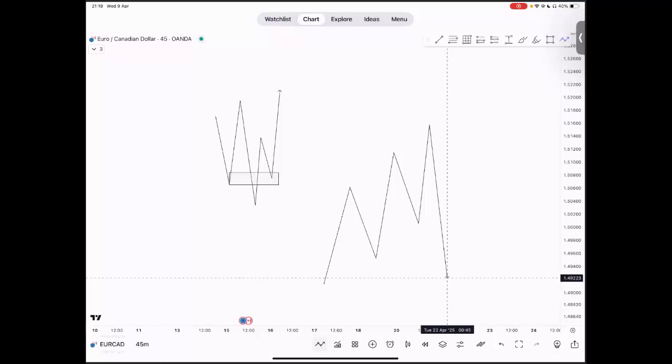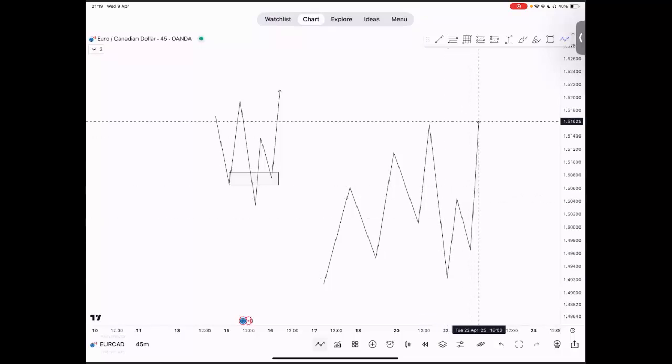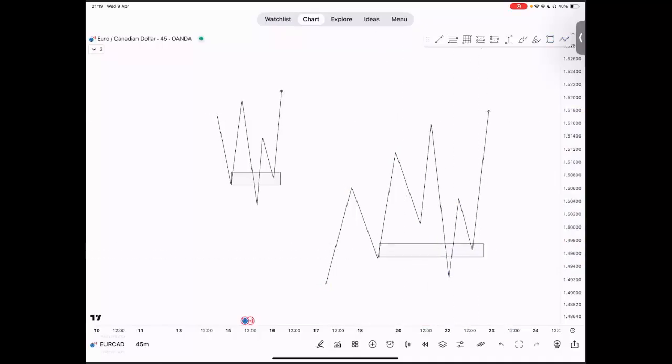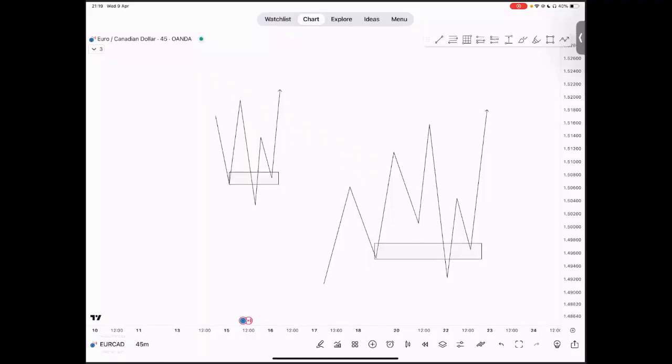Price probably takes it out, then pulls back to it and continues, right? Reclaim block being created by a valid order block.